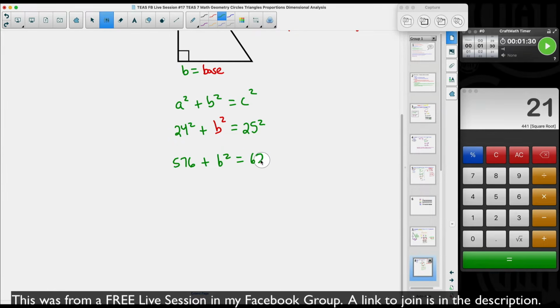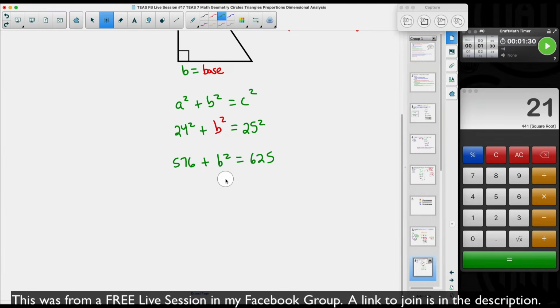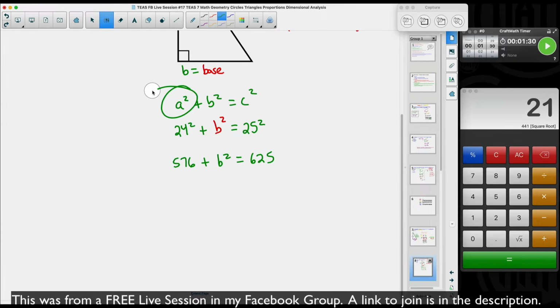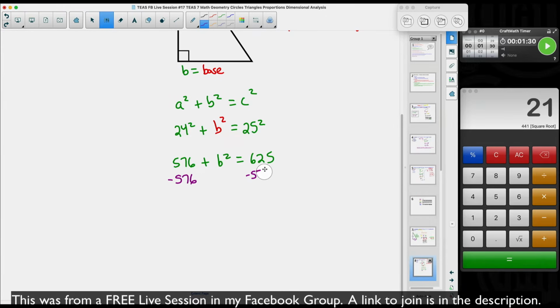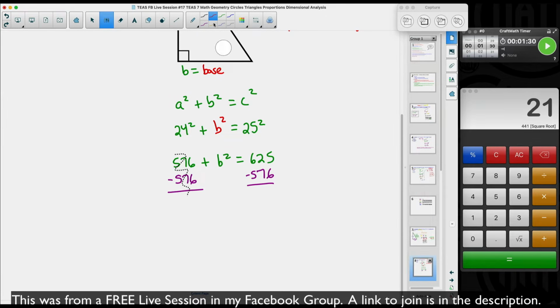25 squared is 625. And y'all, I kind of did this on purpose. A while ago we solved for A, but I made a point to say it don't really matter which one you call A and which one you call B. We solve this the exact same way. Subtract 576 from both sides. But instead of A squared equals, now we have B squared equals.